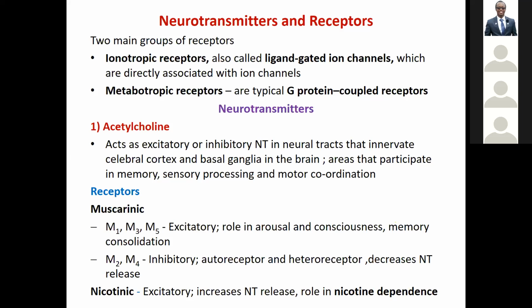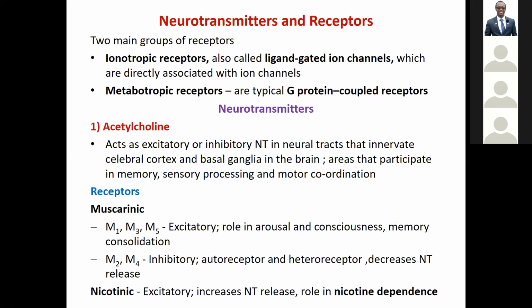So let's quickly go through the transmitters now. Again, I just want you to read the introductory part, it's not much, it's straightforward.